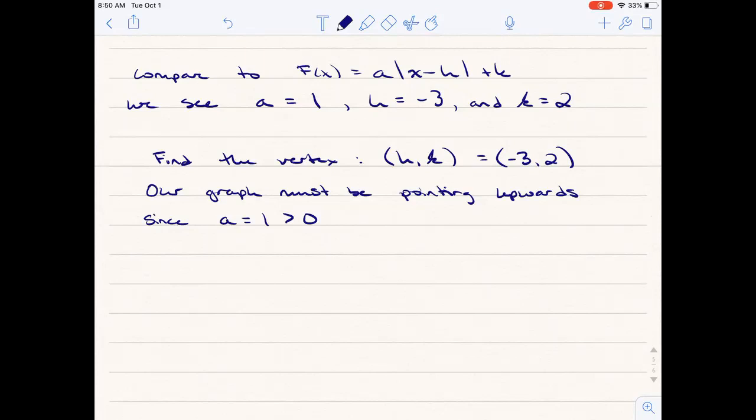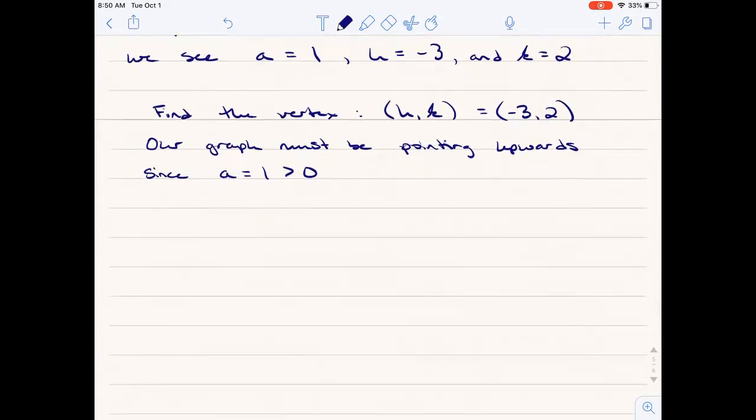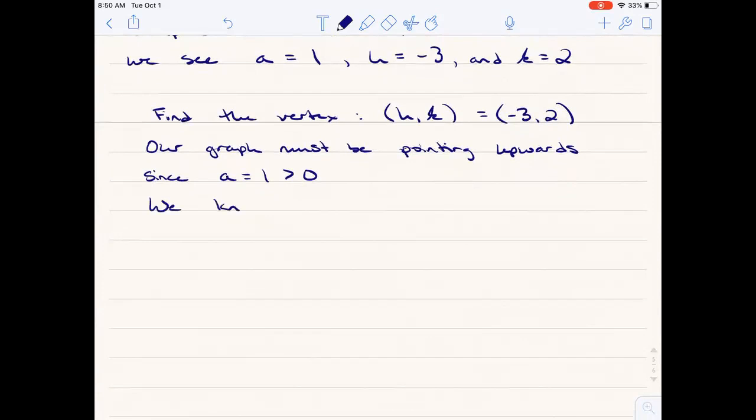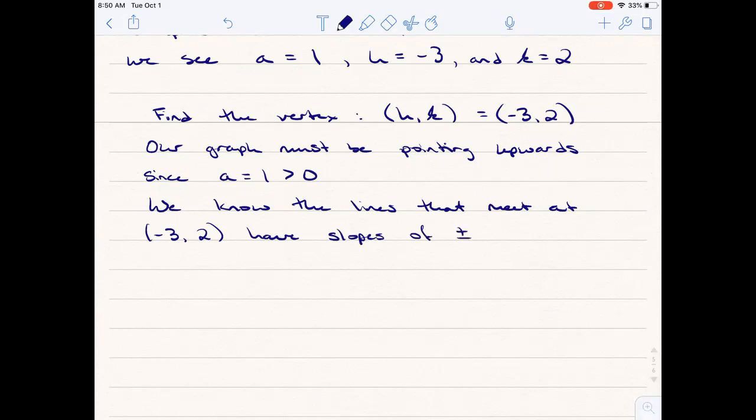What's it also telling us? That the lines that meet at -3, 2 have a slope of 1. So they each have a slope of plus or minus 1, positive on the right-hand side and negative on the left-hand side. We know the lines that meet at -3, 2 have slopes of plus or minus a, which in our case is plus or minus 1.